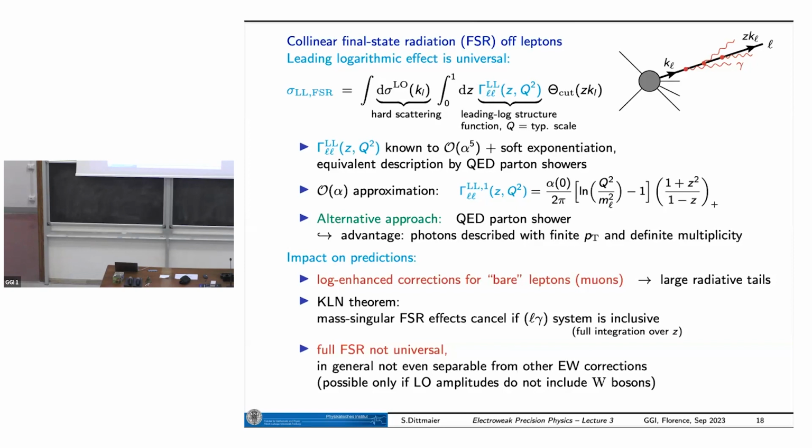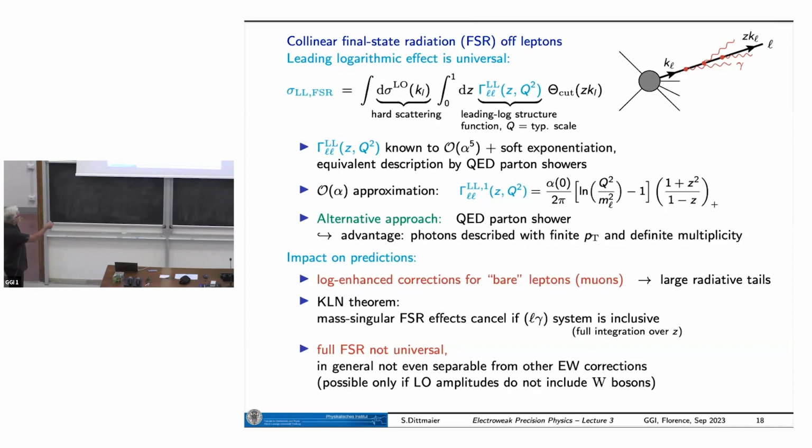This is just part of the whole corrections, just to say that at the very beginning, you normally cannot isolate this radiation part, virtual plus soft, or so, from the rest of electroweak corrections. You have to take great care if you want to take things apart. But the collinear part, in particular, the one that has this logarithmic enhancement, is a universal piece of the correction that does not care about the nature of the process that actually produces this kind of lepton.